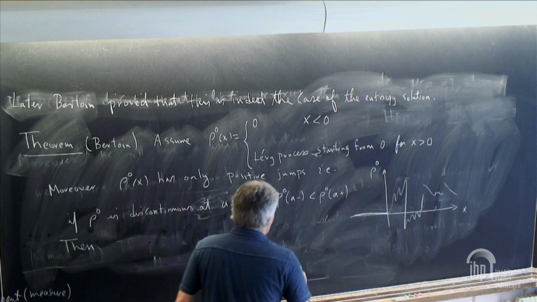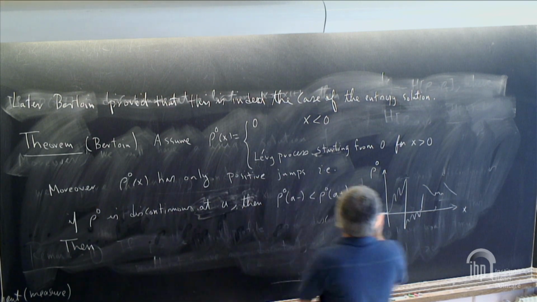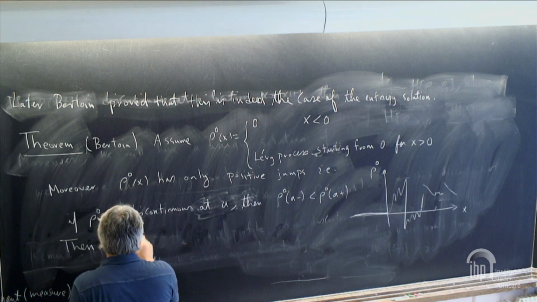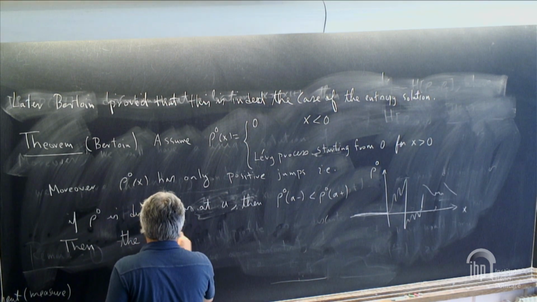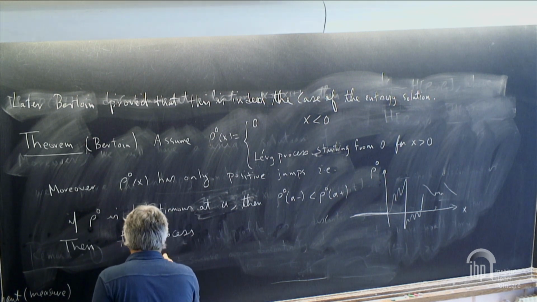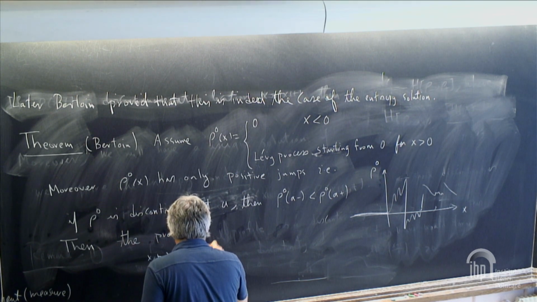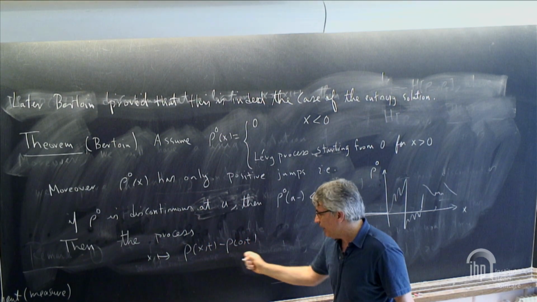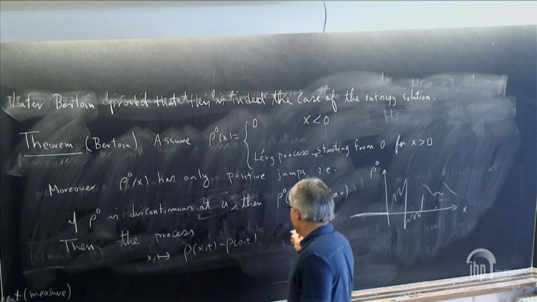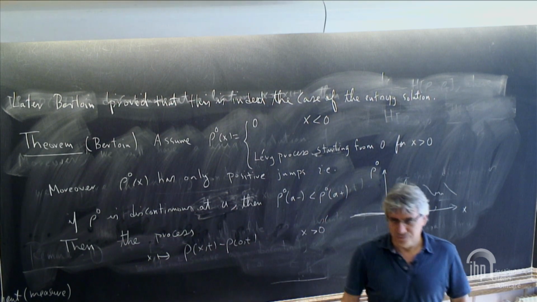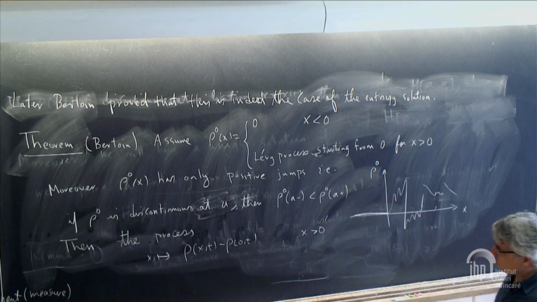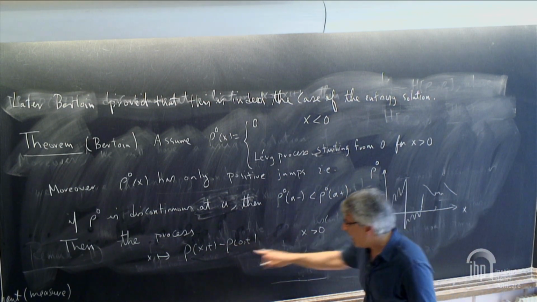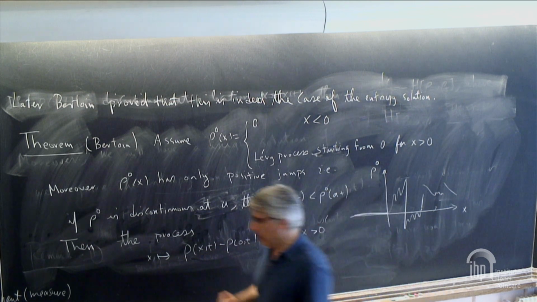if you look at the solution at a later time, on the right of the origin, then the process x going to rho x t minus rho 0 t, the increment of the solution on the right of the origin for x positive at time t, is also a Lévy process.